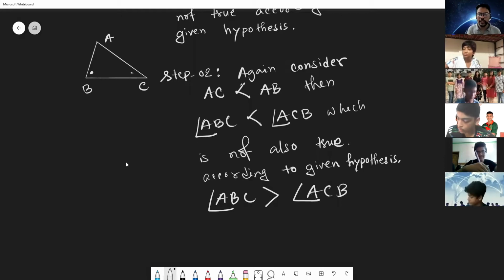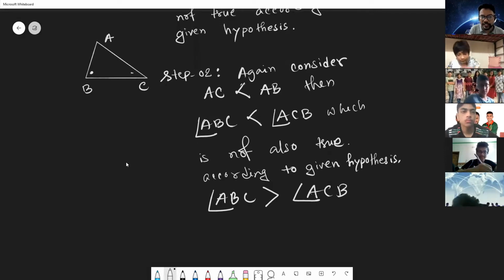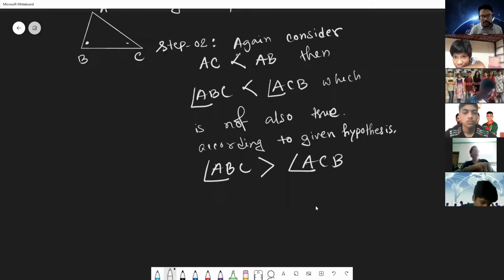That means we have tried considering equal, and we failed. And then we tried considering AC is smaller, and this is also not true. That means we cannot prove AC is smaller than or equal to AB. When AC is not smaller and not equal, then it must be greater.